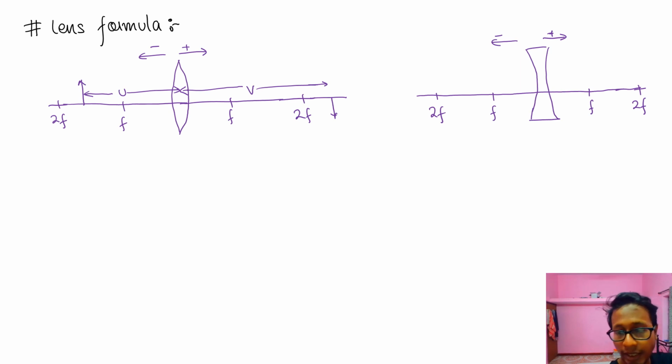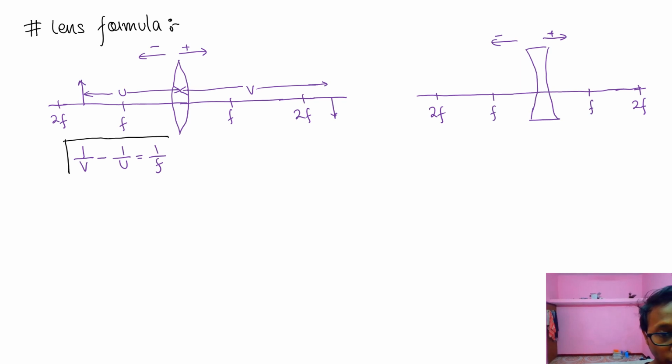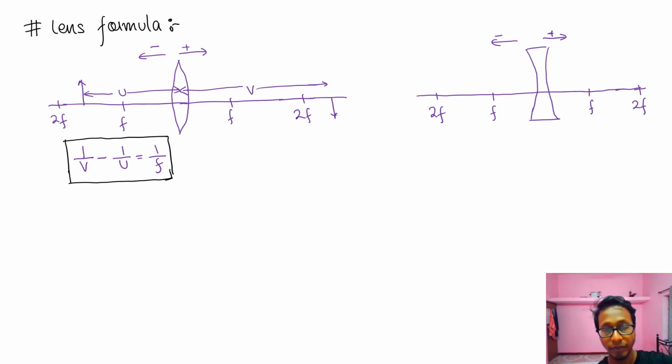The lens formula is given by 1 by v minus 1 by u is equal to 1 by f, and this formula is valid for both lenses, both concave lenses and convex lenses. One more thing, while using this formula, the sign convention should always be taken into account.